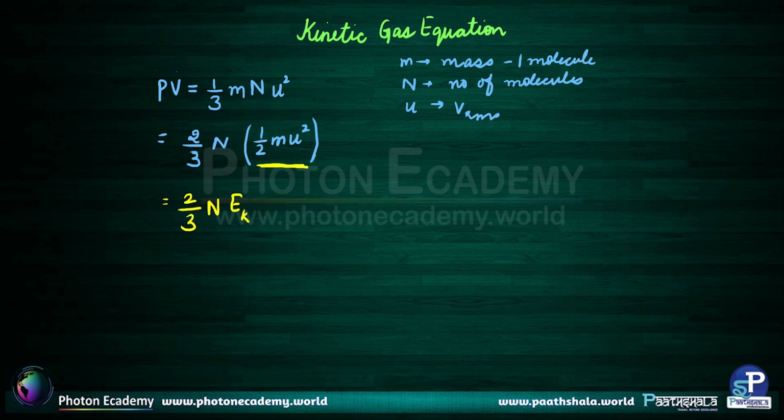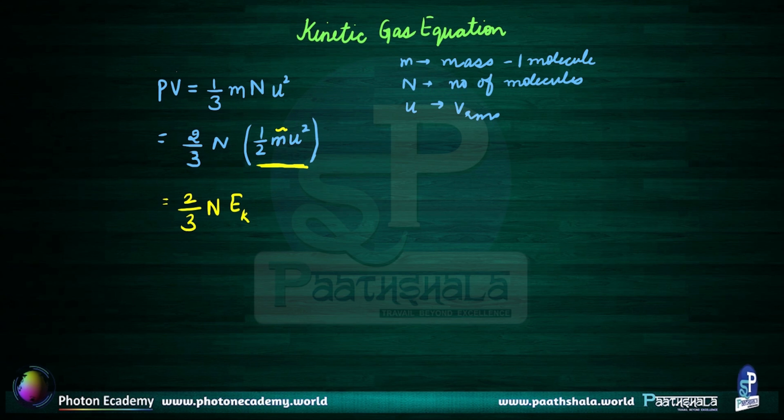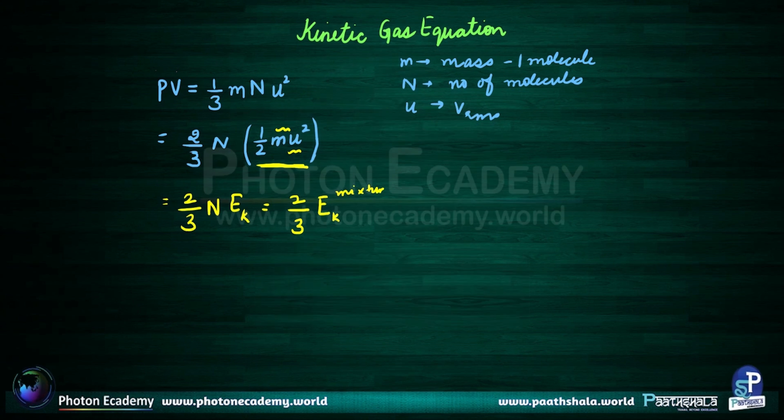But this kinetic energy is of one molecule. Why? Because the mass here is of one molecule and the velocity is the URMS. So if we multiply the kinetic energy of one molecule by the number of molecules, we can say that this is equal to the total kinetic energy of the mixture or of the sample.